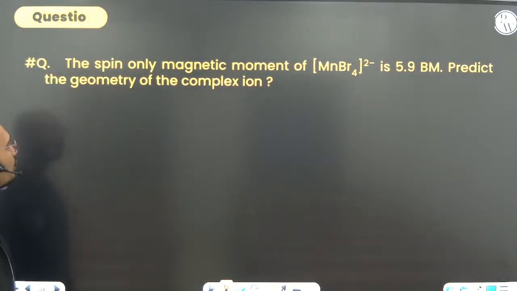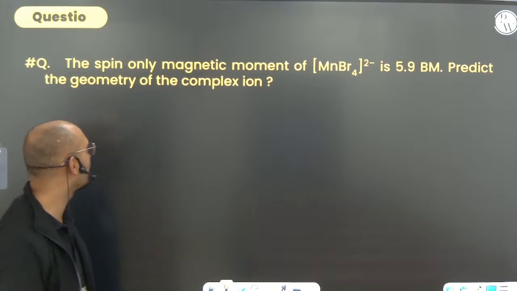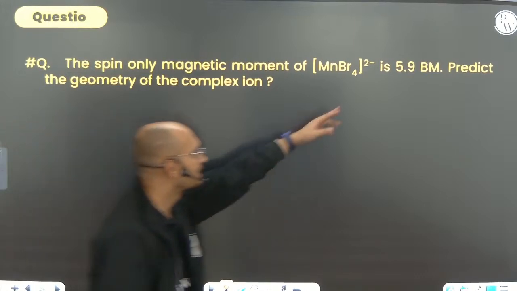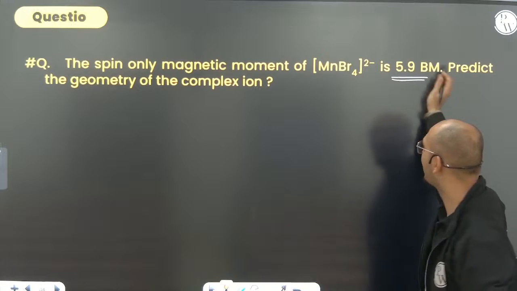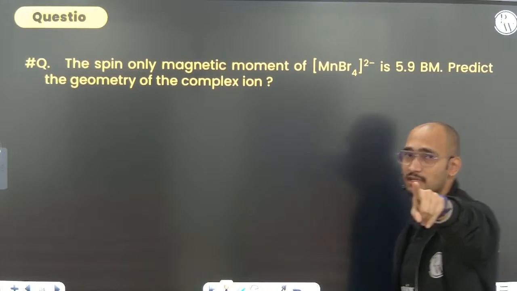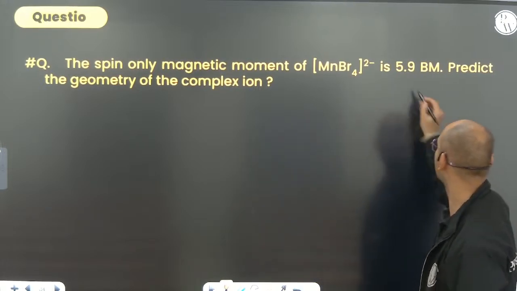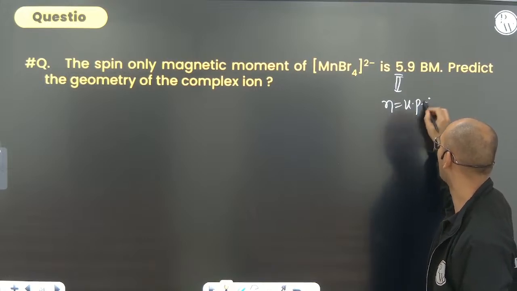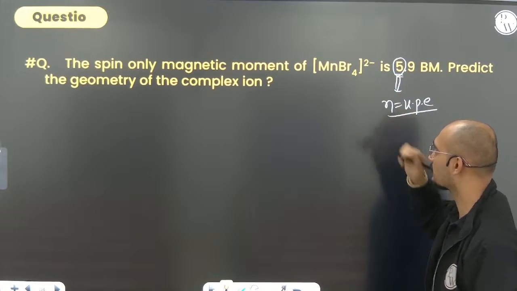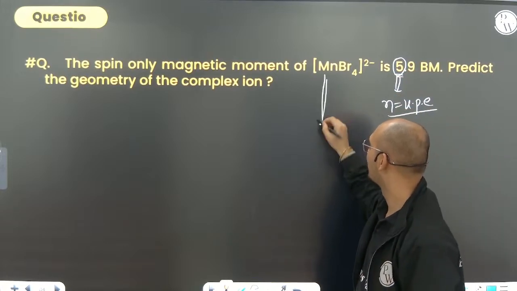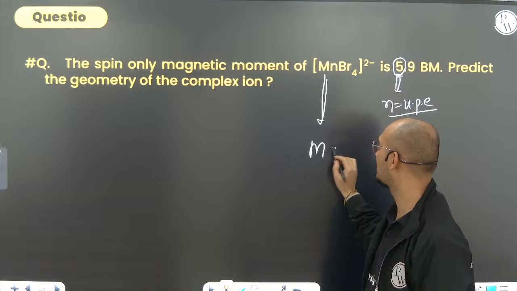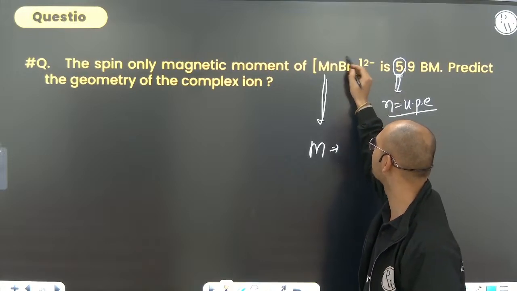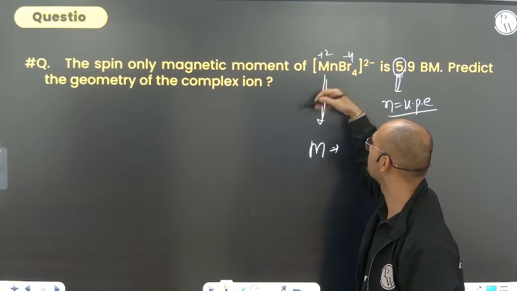Next, the spin only magnetic moment of this is 5.9. Predict the geometry of the complex. Whenever I was talking about atomic structure, I told you that the whole number is the number of unpaired electrons. So the whole number is 5, so the unpaired electrons are 5. Manganese has 5 unpaired electrons. Bromine is -1, with 4 bromines, so manganese is +2.